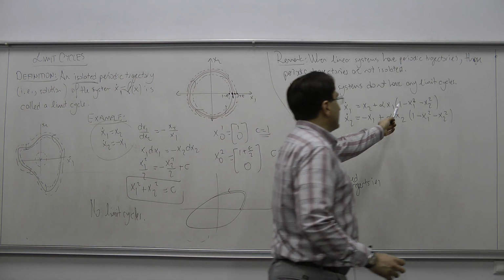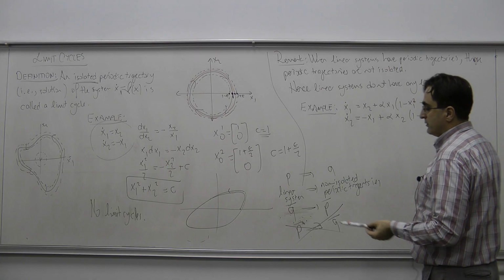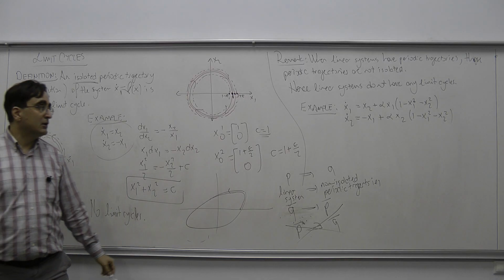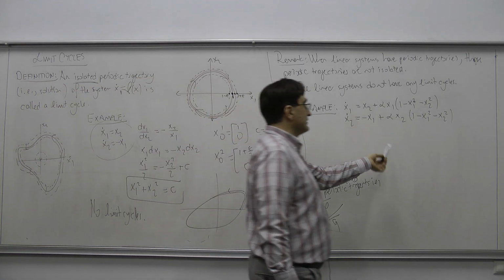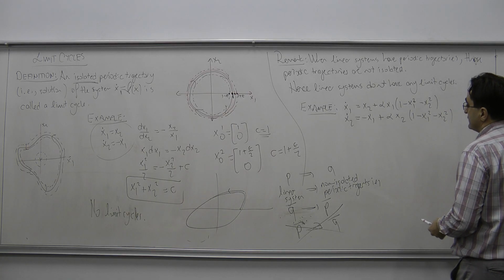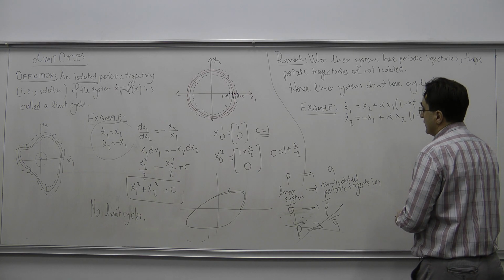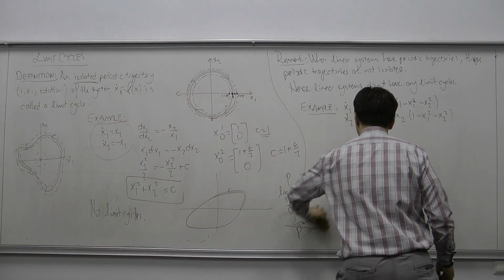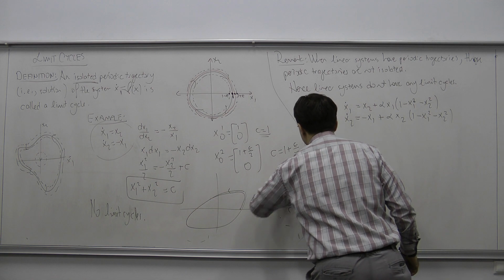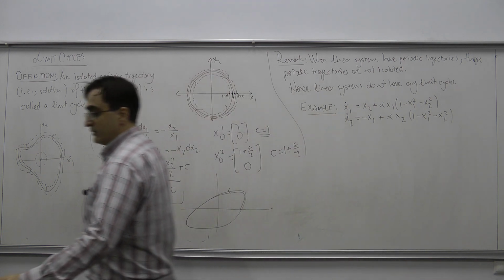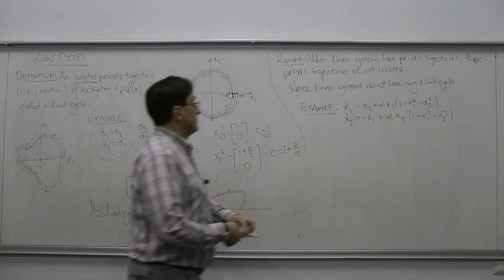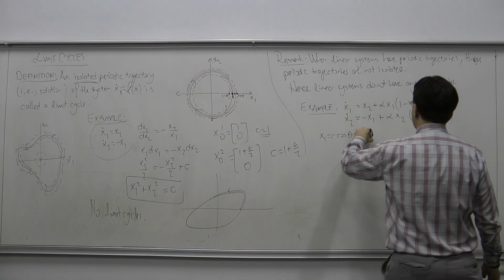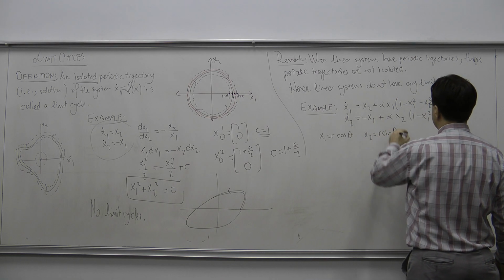So here, this x1 square plus x2 square shows us that it is actually the radius variable, and that gives us a hint that if I go into polar coordinates, then the system might look easier, with easier equations, and that would give us an idea about the trajectories of the system. So let us say that x1 is equal to r cosine theta, x2 is equal to r sine theta.